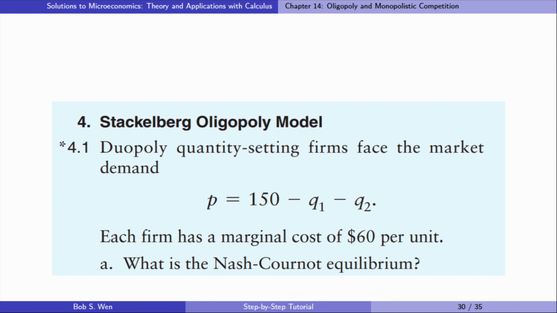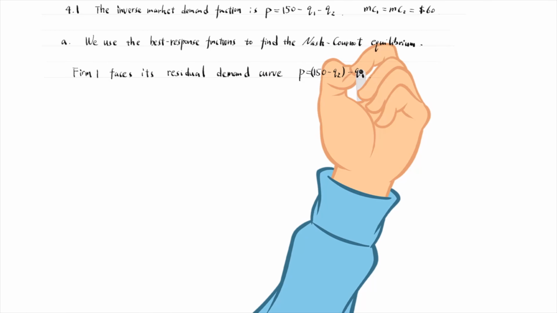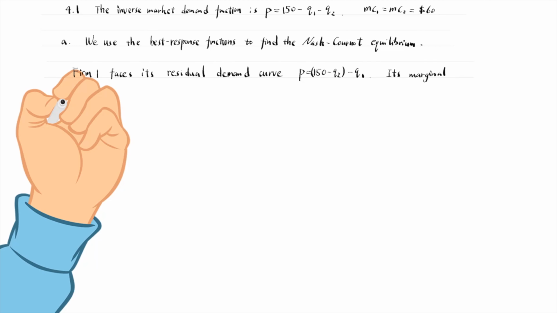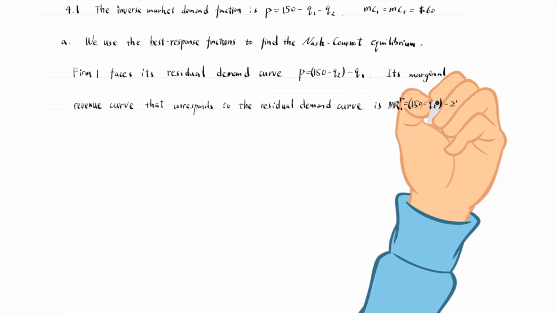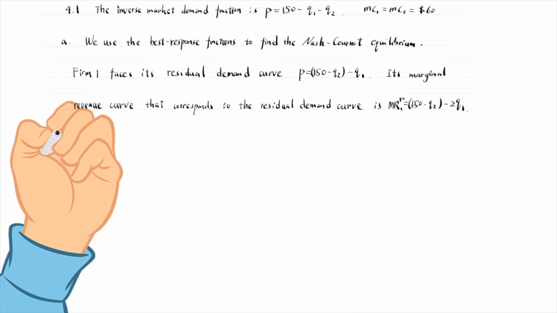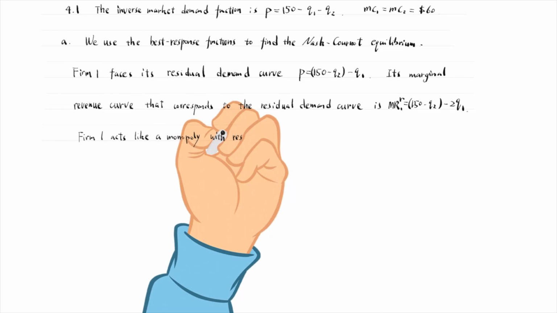We use the firm's best response functions to solve for the Nash-Cournot equilibrium quantities and price. Firm 1 faces its residual demand curve as follows, and its marginal revenue curve that corresponds to the residual demand curve can be written directly. Firm 1 acts like a monopoly with respect to its residual demand.